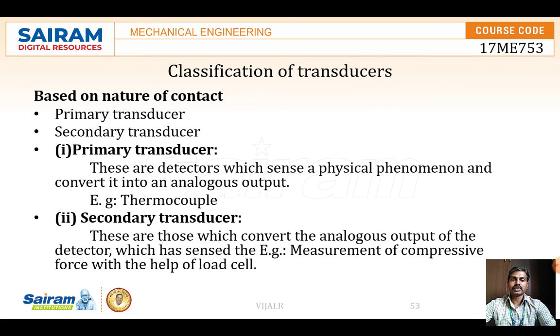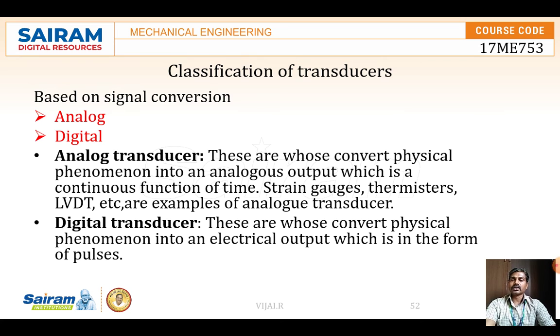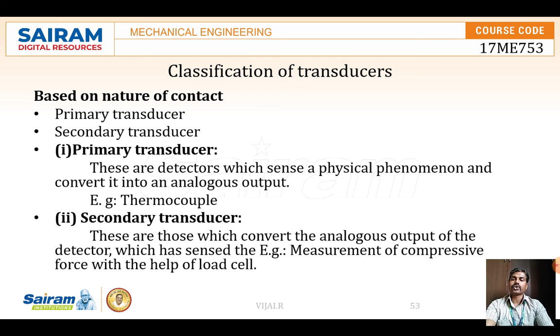Let me go through it again. Classification of transducers based on function: one is active and passive. Based on signal conversion, it may be analog, in the form of a function of time, or digital, in the form of pulses. The third is the nature of contact: it may be a primary one or a secondary one.